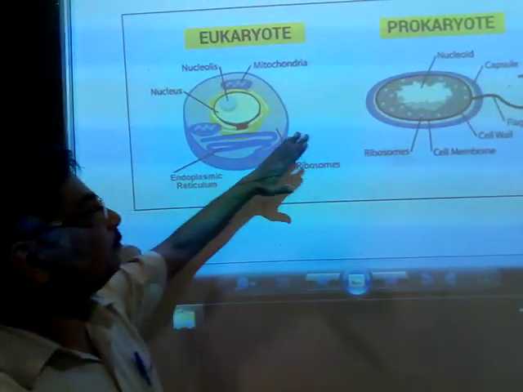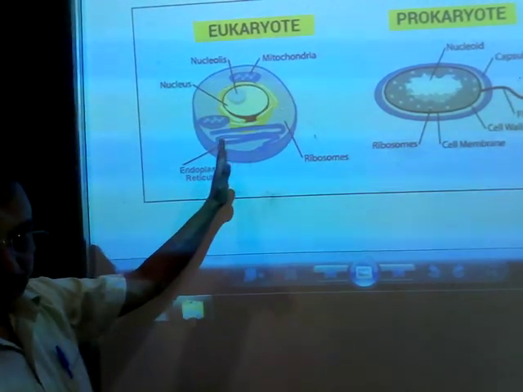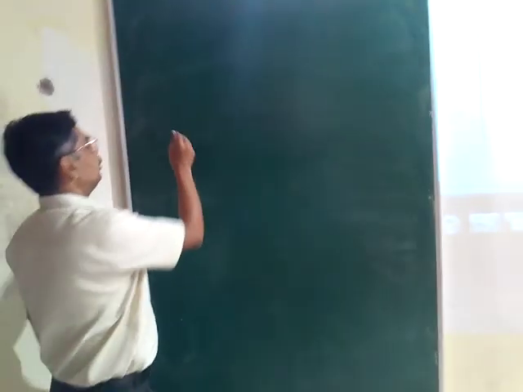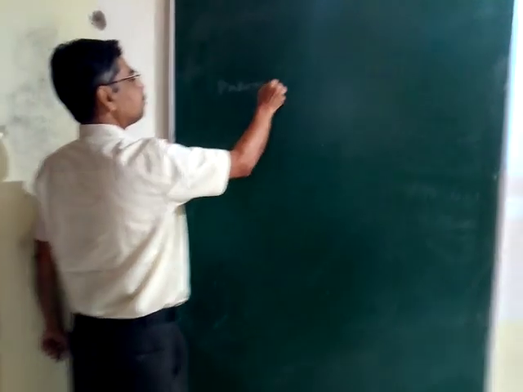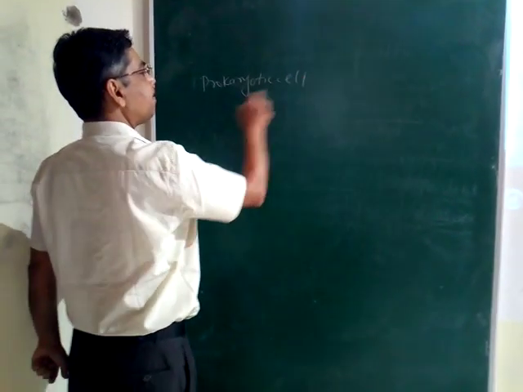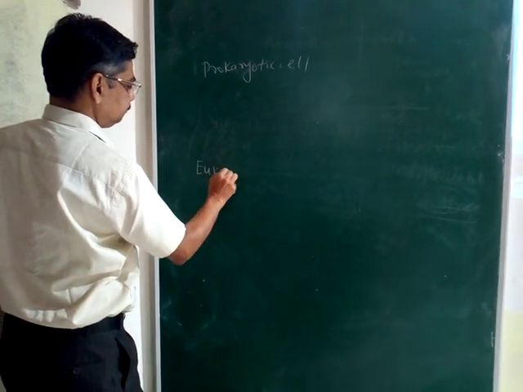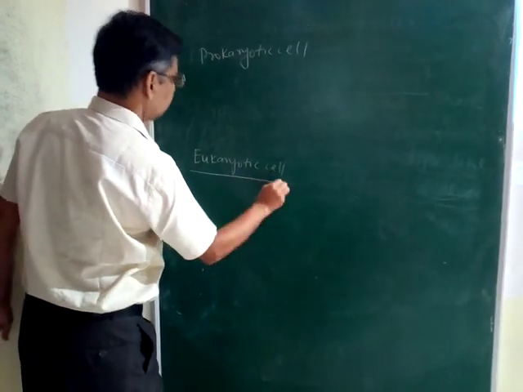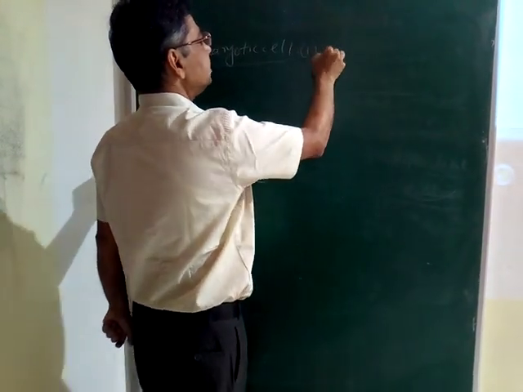Okay, the basic differences between prokaryotic and eukaryotic cells, again on the board. Here I am writing prokaryotic cell, and here eukaryotic cell. In the prokaryotic cell, what do you find? An incipient nucleus.